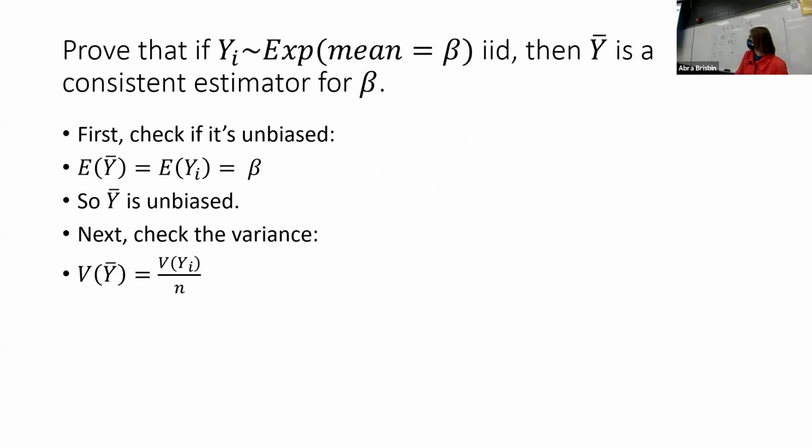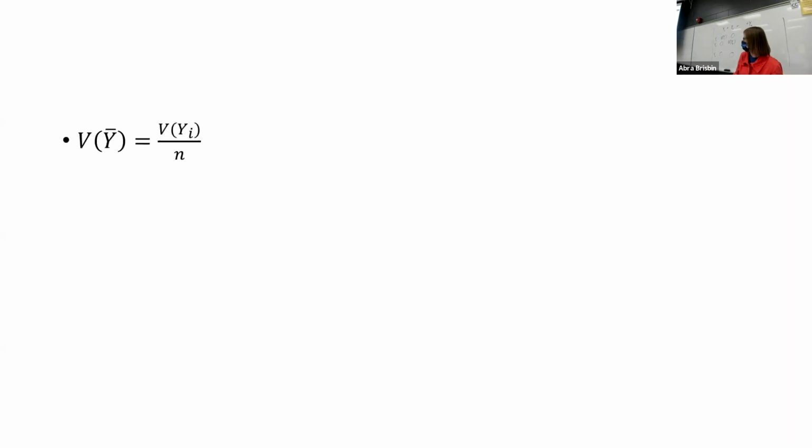All right, so our variance of y bar is the variance of y sub i over n. So then the y sub i's had an exponential distribution. So we can fill in the variance of y sub i with the variance of an exponential random variable, which is the square of its mean.